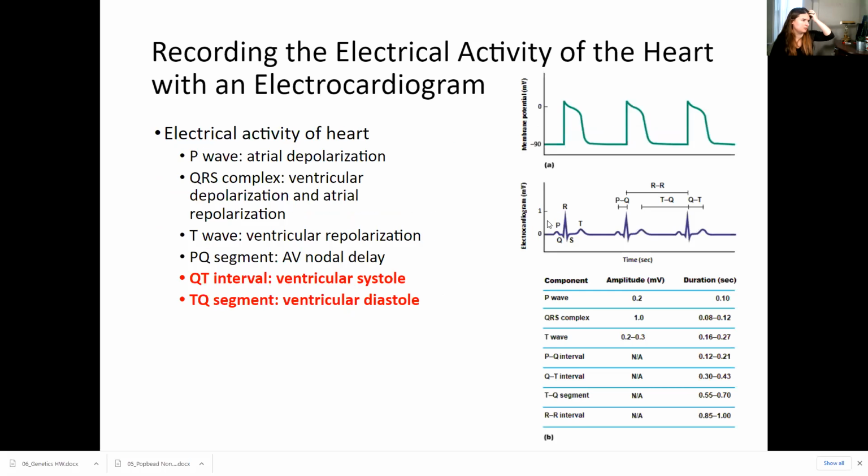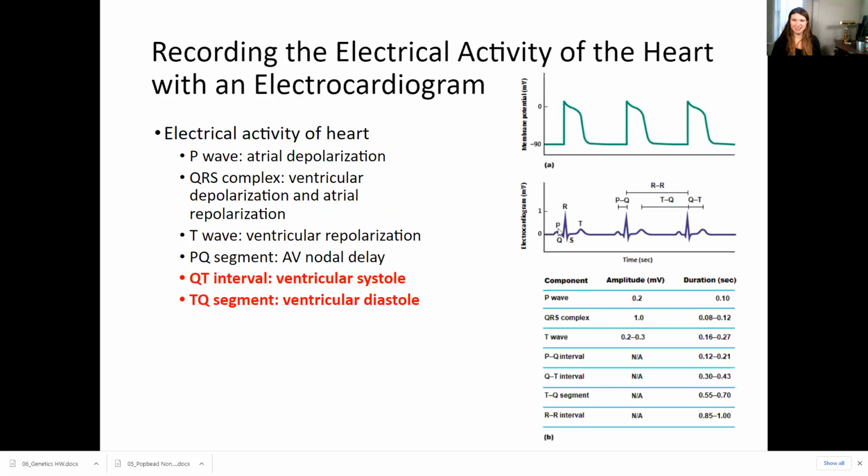Okay, so we looked before at the membrane potential of our contractile cells, right? So that's what this graph on the top is. Here is how it lines up with what you would see in an electrocardiogram. You've probably seen this familiar series of little spikes on TV shows and movies.